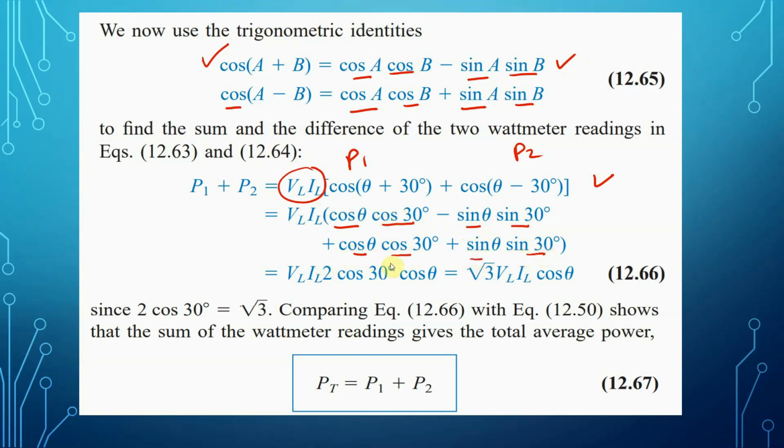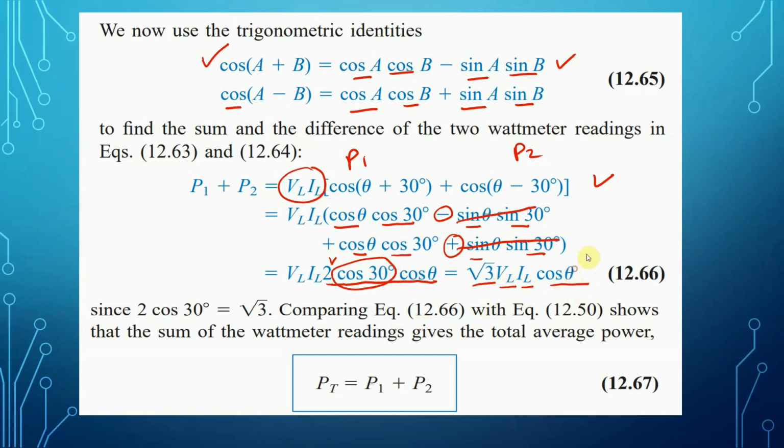So you notice from here we can cancel out the sine terms, because minus sine theta sine 30 plus sine theta sine 30 will be cancelled out and we will have this part of the equation, which is equivalent to 2 times cosine theta cosine 30 because they are the same. Now incidentally, if we calculate 2 multiplied by cosine 30, it will give us square root of 3 VL IL cosine theta. Right? Okay?